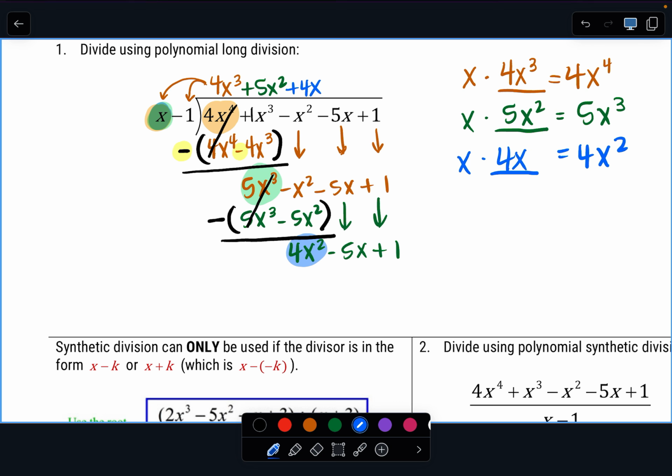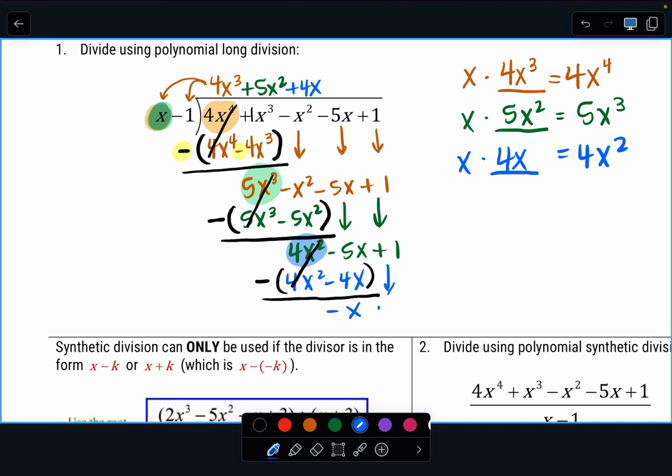Repeat the process. 4x squared minus 4x. Subtract from the line above. And first term should always cancel. And then I'm going to have negative 5 plus 4, which is negative x. Negative x.